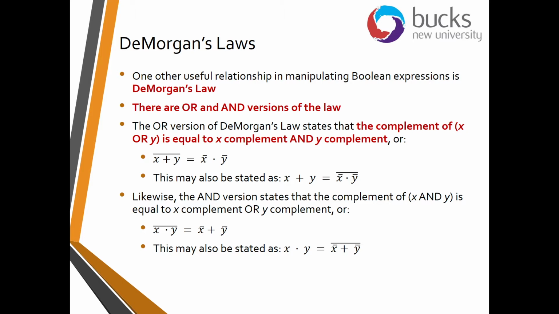And likewise, the AND version states that the complement of x and y is equal to x complement or y complement, or not (x and y), which would equal not x or not y, which again we can state as x and y being equal to not x or not y.